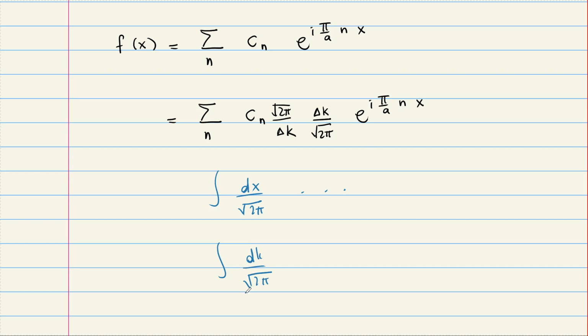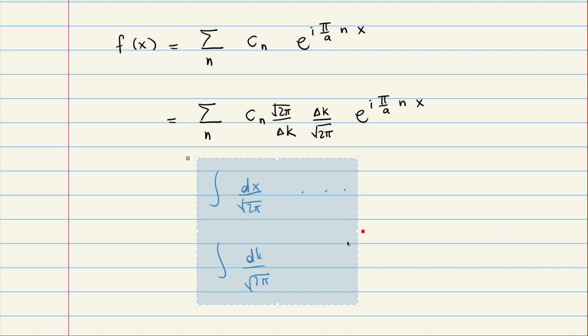I personally like this formalism better. I've been taught to have dx alone and dk over 2 pi, but the book is using this convention, and that's okay. There's no difference. You can relabel the functions and it's the same thing. Just make sure which definition you are using and be consistent.